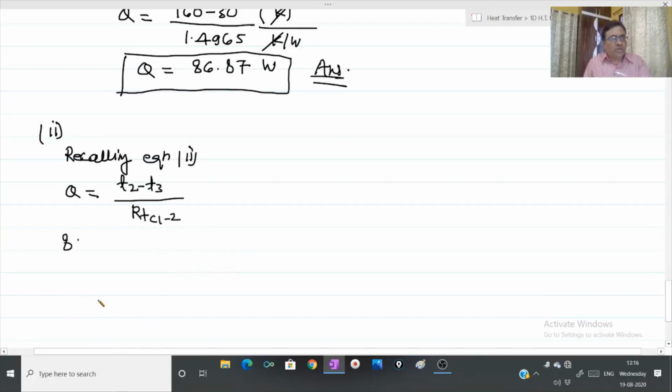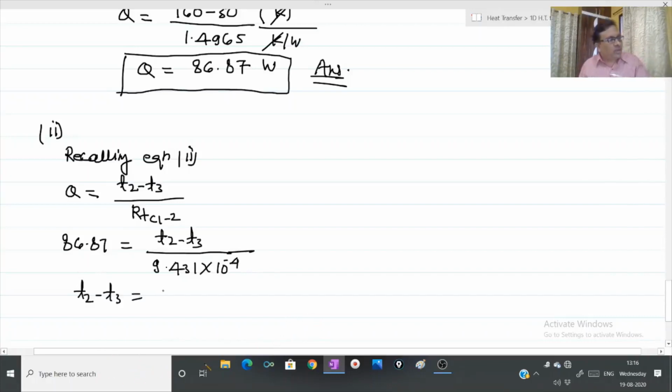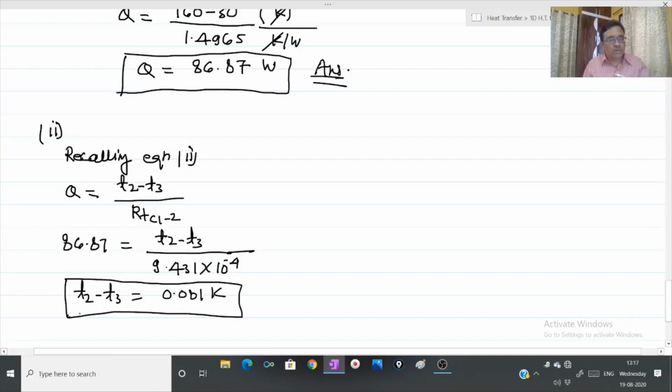The value of Q is 86.87, and the value of RTC12 is 9.431 into 10 to power minus 4. So from here the value of T2 minus T3 will come out as 0.081 Kelvin. This is the answer.